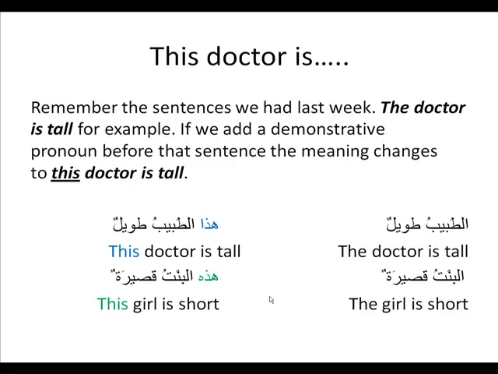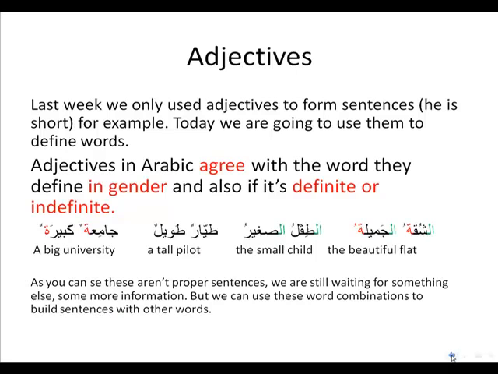This doctor is tall. هذا الطبيب طويل. And البنت قصيرة, the girl is short, becomes هذه البنت قصيرة. This girl is short. And it works, of course, as well with ذلك and تلك, if you would like to say that doctor is tall or that girl is short.